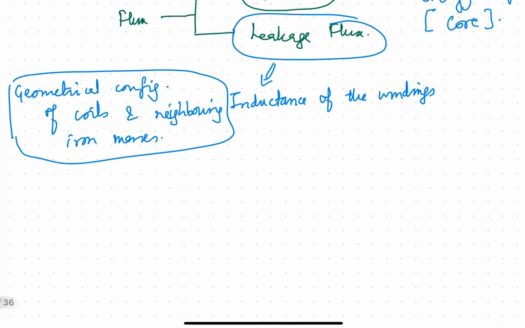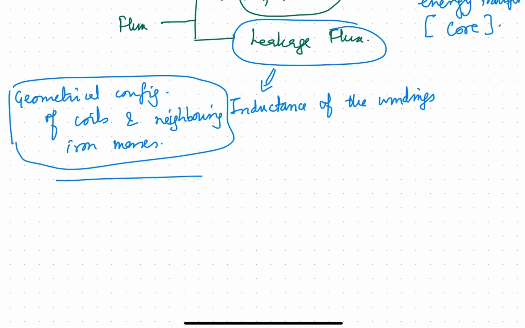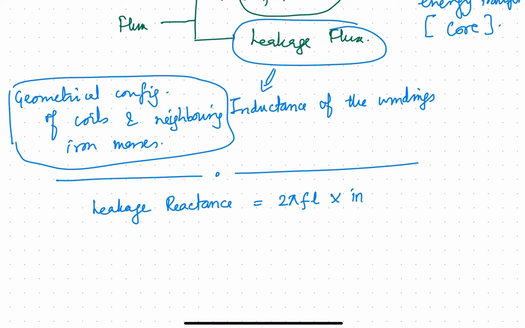So based on these two fluxes, we have the reactances, and the leakage reactance is 2 pi f times inductance, where this is 2 pi f times flux linkage over current.